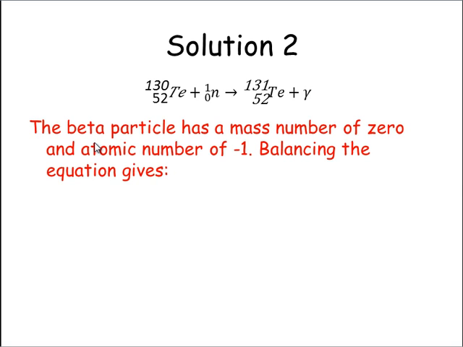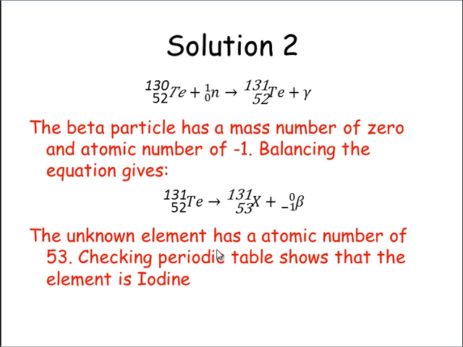Now, we've got a mass number of 0 and an atomic number of -1 for the beta particle that's going to be given off. So this now decays, which means we get an increase in charge on our daughter nucleus, and therefore we can look up 53 on the periodic table to show that the new element that's been produced will be an isotope of iodine.